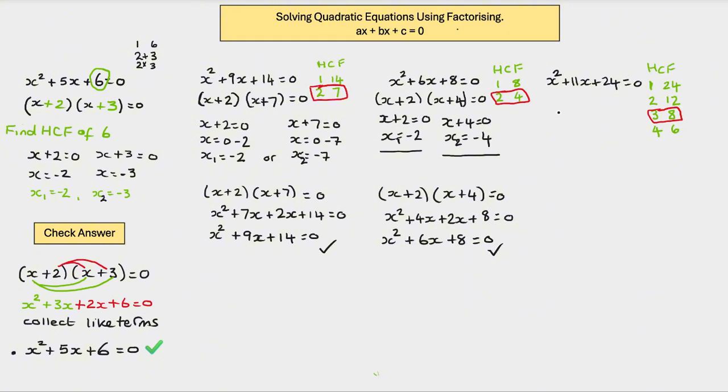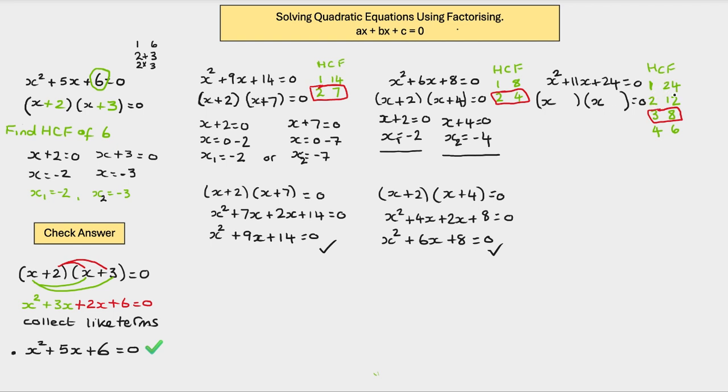So I'm going to do one last one. So as I normally do, brackets. It's squidged there. We've got x and we've got an x. And we now need to go to the biggest number, which is 24, and find out our highest common factors.